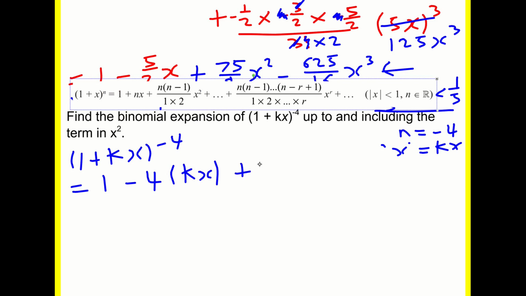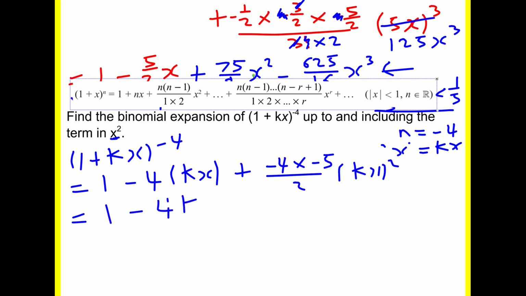And then plus -4 times -5, lowering 1, divided by 2, kx squared. Actually, I've only had to go up to x squared in this question, so it's not quite so bad. So 1 minus 4kx, and then that's going to give me 20, double negative, divide by 2, plus 10 k squared x squared, and we are done.